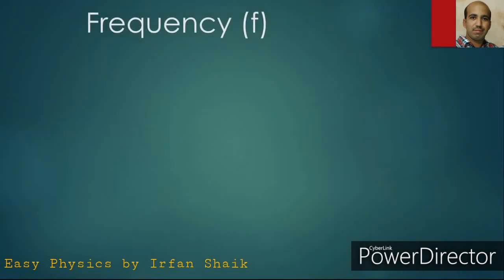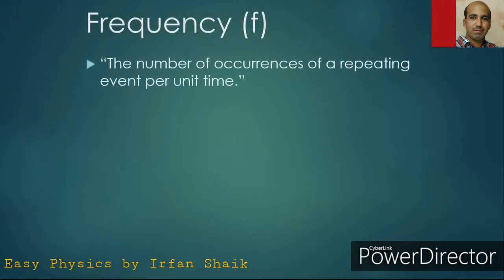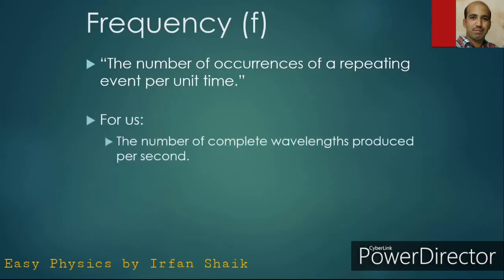Frequency. Frequency is the number of occurrences of a repeating event per unit time. This can also be defined like this: the number of complete wavelengths produced per second. There is an equation for the frequency.